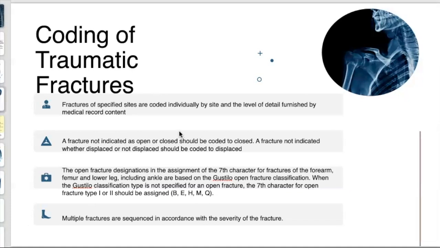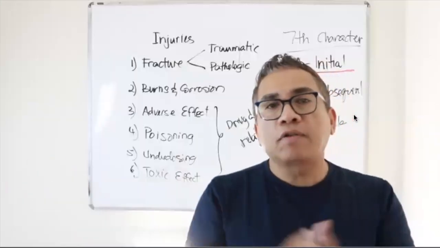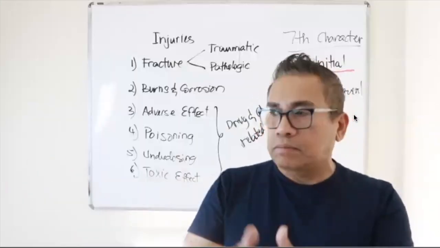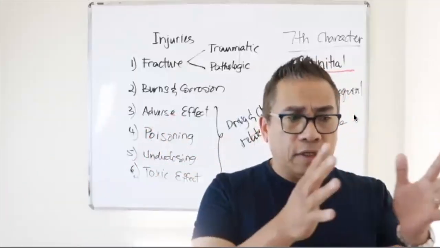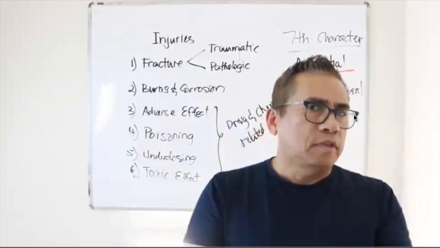Okay. So let's go here, guys. It says here, fractures of specified sites are coded individually by site and the level of detail furnished by medical record content. Okay, so the first one says you have to code all fractures that are reported in the medical record.